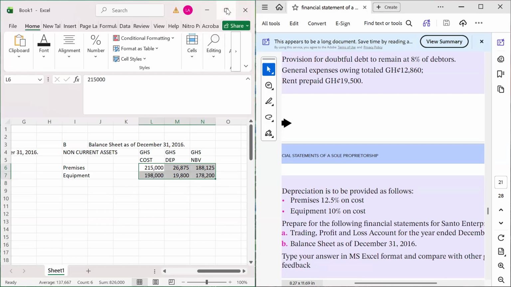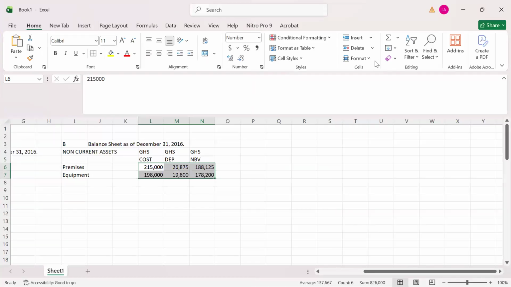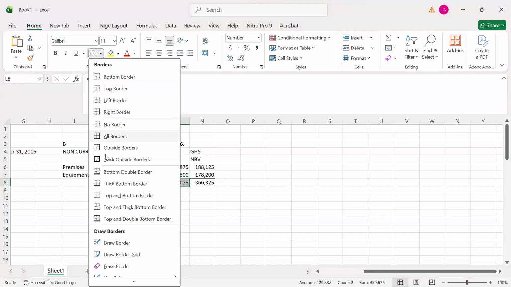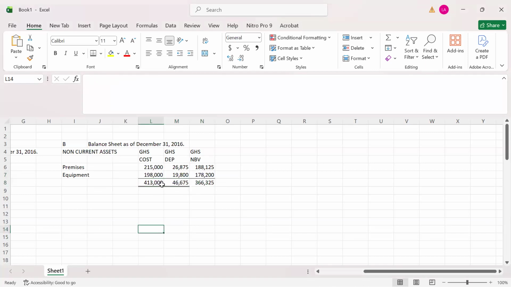So adding it, we can close these two and leave one. When you draw two double lines under it, it means you have closed it. Then we leave this one.